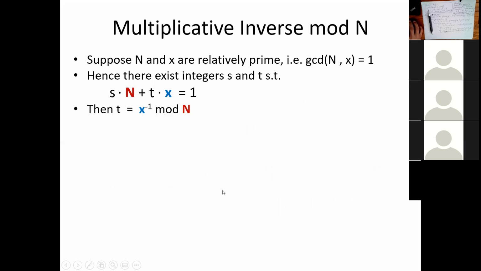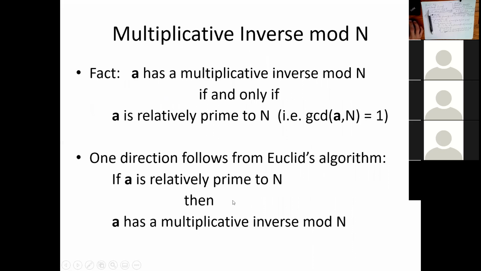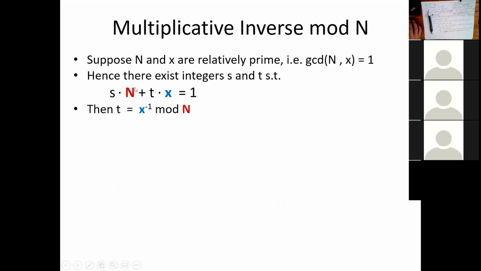So you can justify this by looking at the Euclidean algorithm: if two numbers are relatively prime, then they will have multiplicative inverses, and the proof of it is the existence of these coefficients.